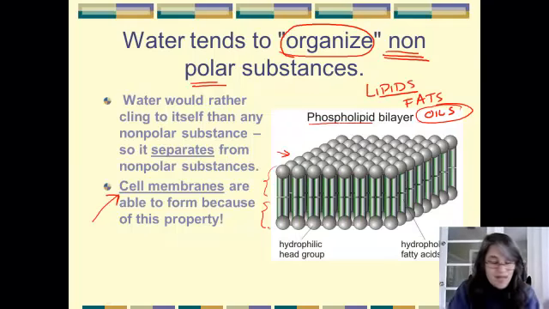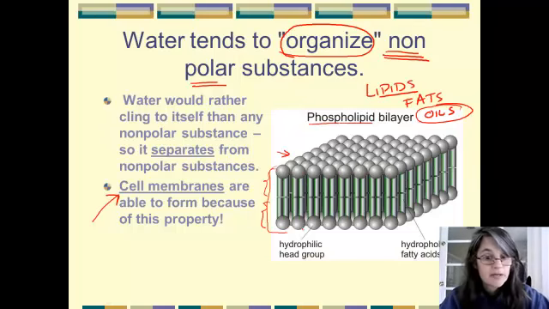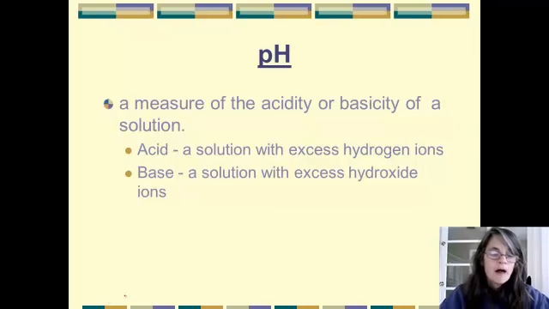And if that weren't the case, I don't know that cells would ever have been created on Earth, because they depend on this interaction of these non-polar fatty molecules with polar water kind of pushing them to make these layers that we recognize as cell membranes. So we'll talk more about that later when we get to cells, and it might make more sense then than it does right now.